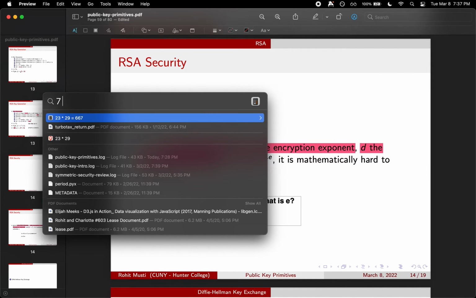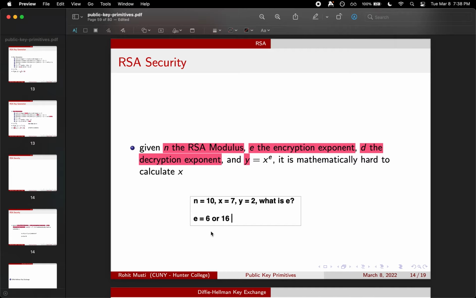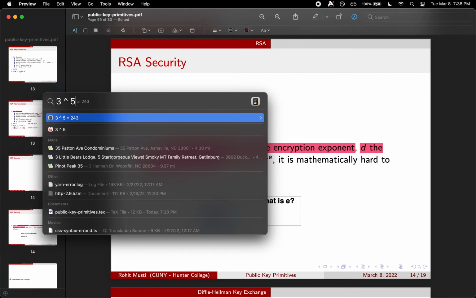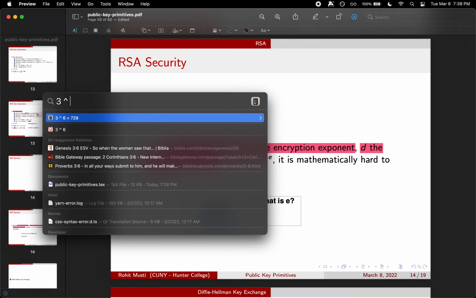There's no requirement that e is any particular number. It's the exponent, so I'll pick an easier number to reason about. Let's pick 3 and say y equals 2. So we have 3 to the 3, nope, 4, nope, 5, nope, 6, nope, 7, 8, 9.